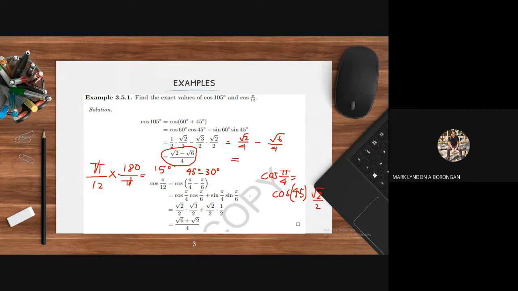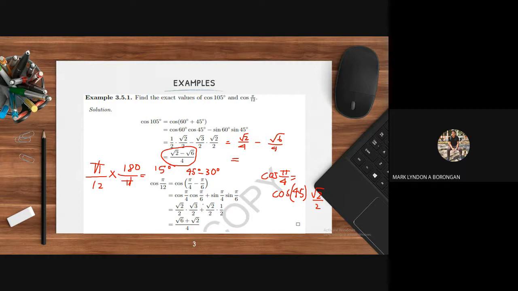So, now, cosine of pi over 4 is just equal to square root of 2 over 2 times the cosine of pi over 6, which is 30 degrees, so we get square root of 3 over 2, plus the sine of pi over 4, which is square root of 2 over 2, times the sine of pi over 6, which is 1 half. Okay.